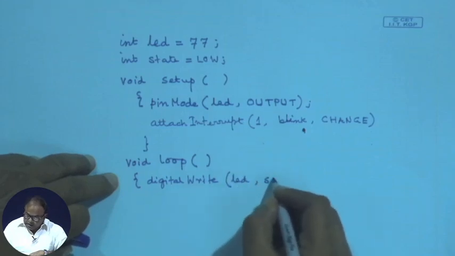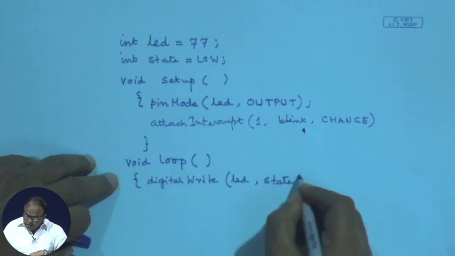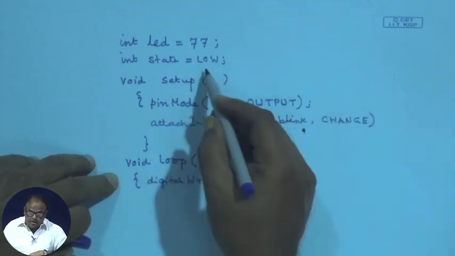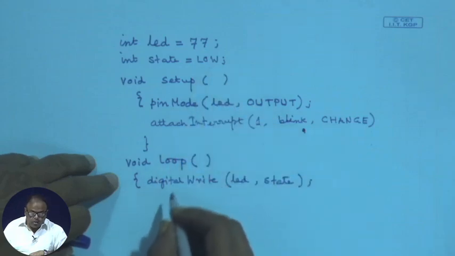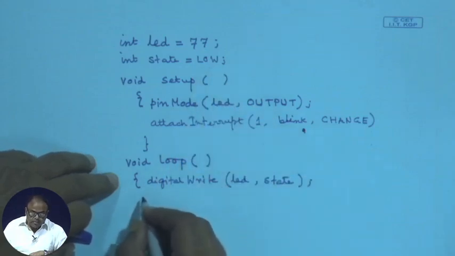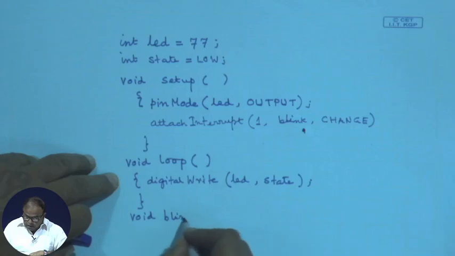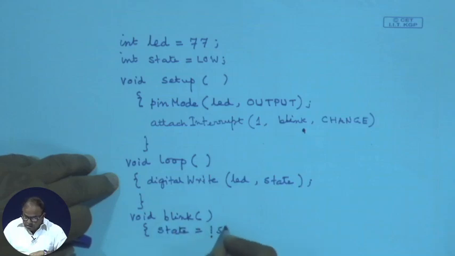LED gets state, and what was state here? State was low, right? State was low. And I think I am visible. Void blink, state will be the not state.